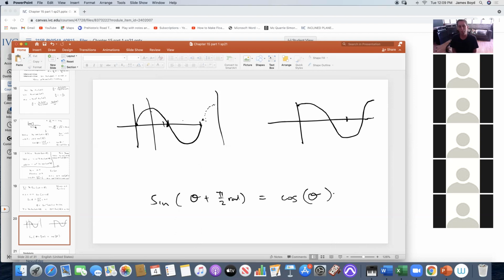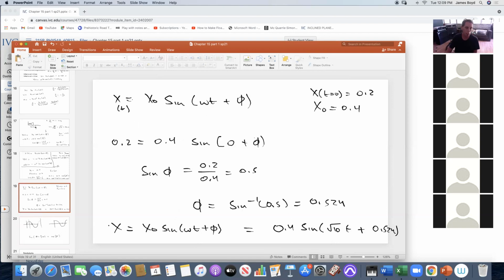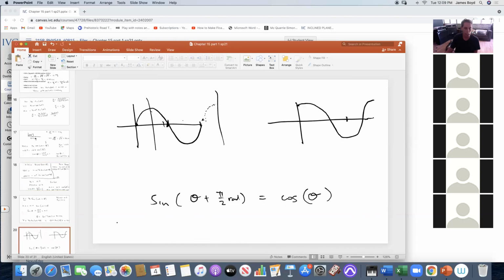If at maximum when t equals 0, it's x naught cos omega t.